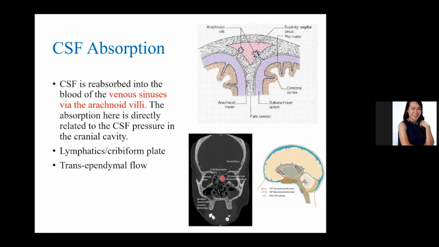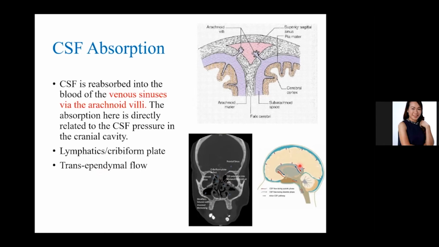Now, we also have what we call transependymal flow. What do we mean by transependymal flow? This is defined as the motion of fluids across the ependymal layer of cells that surrounds the ventricles. The ventricles are surrounded by cells which we call ependymal cells.